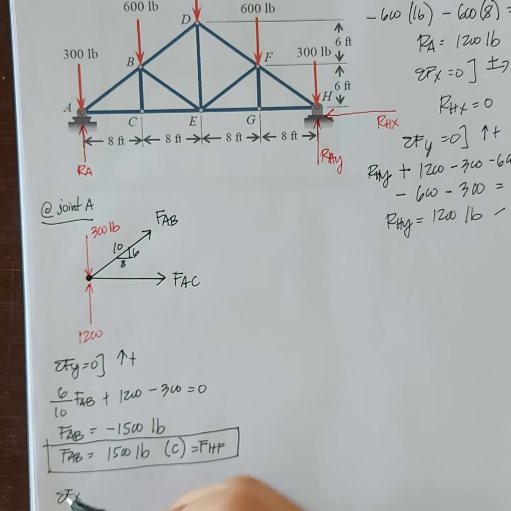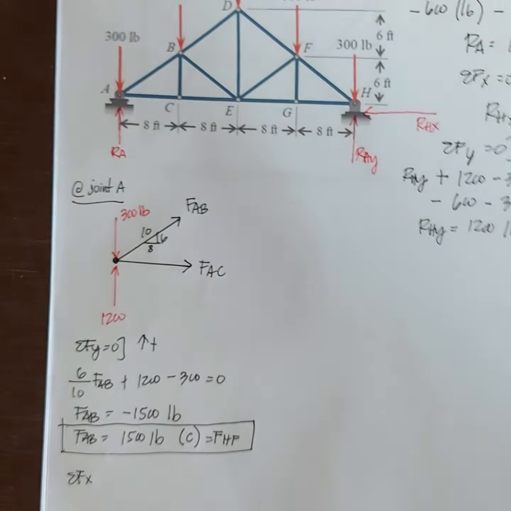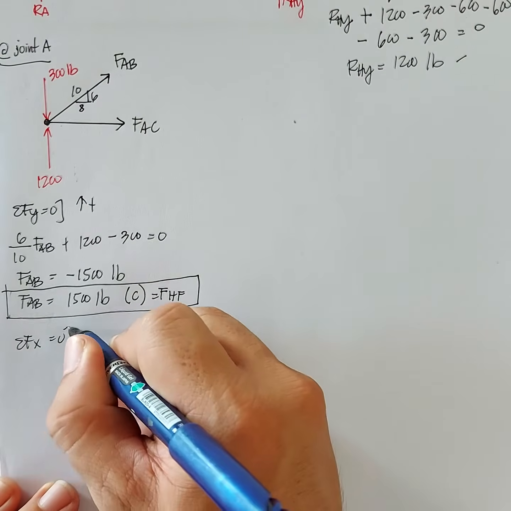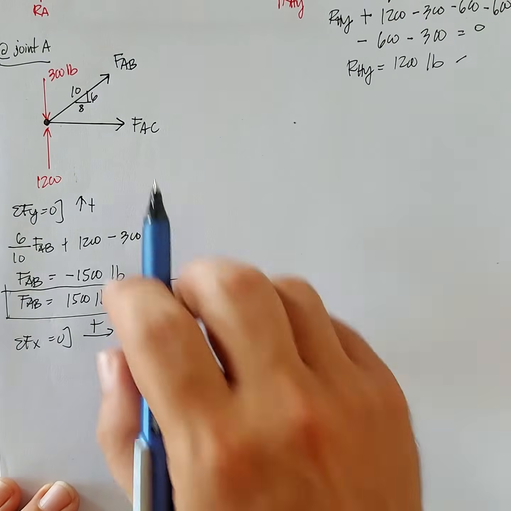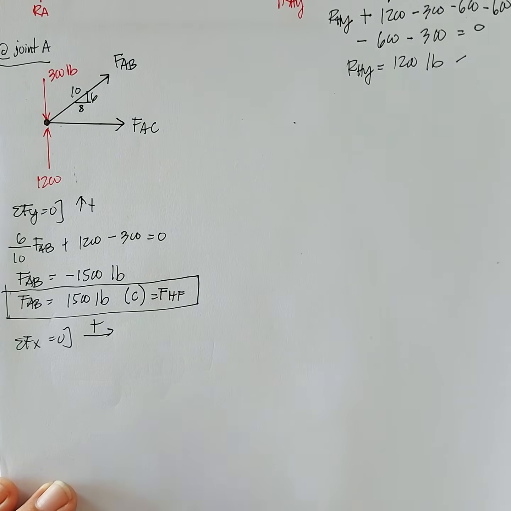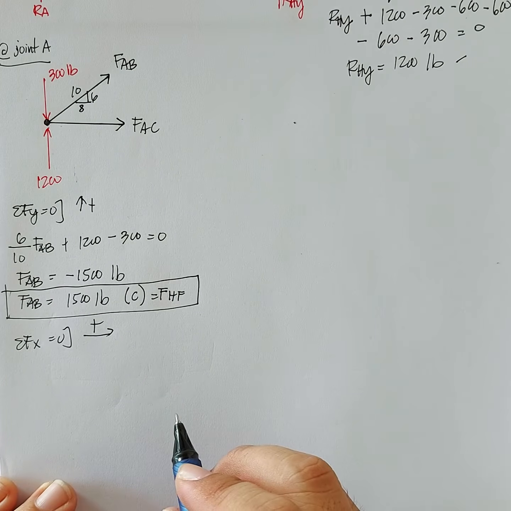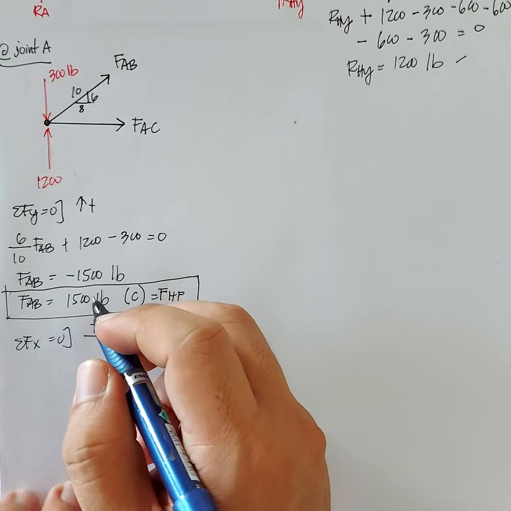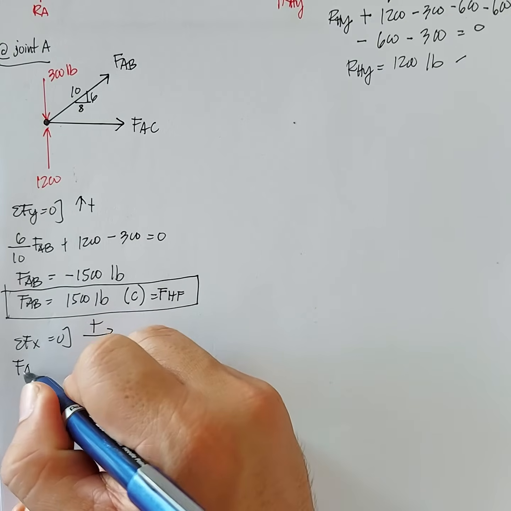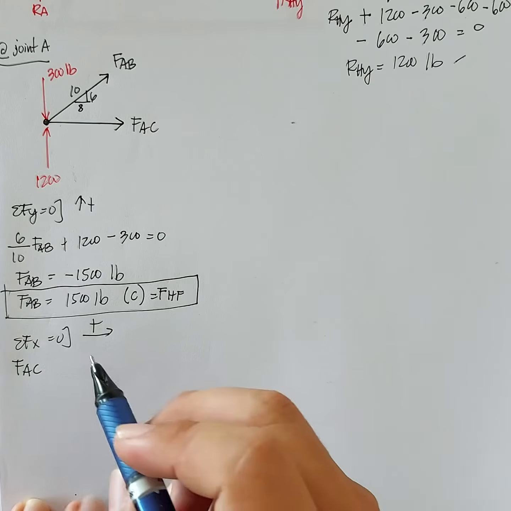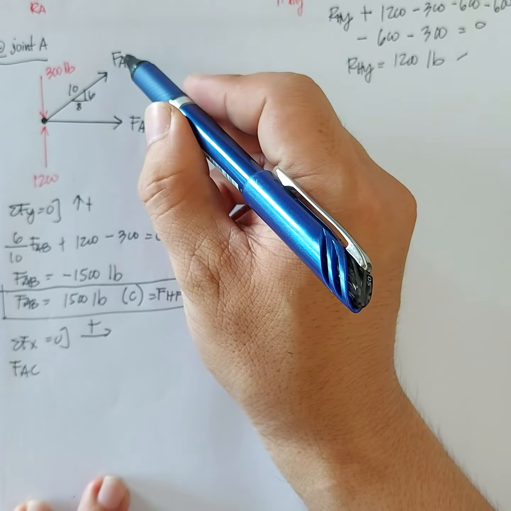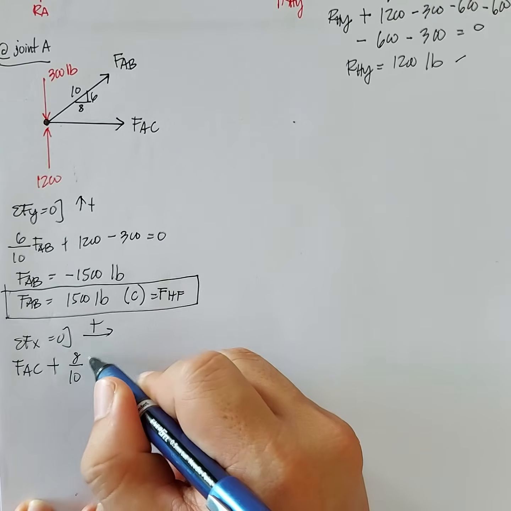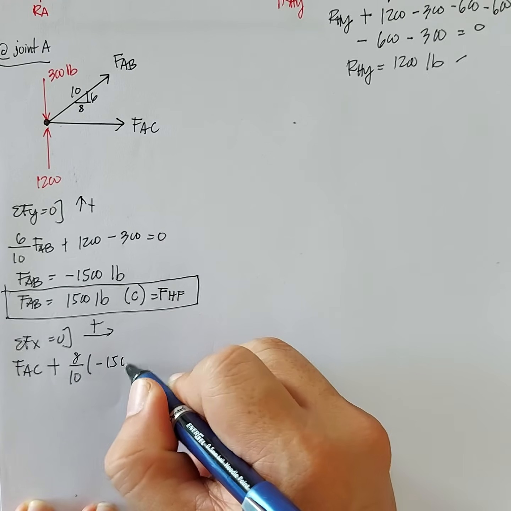So, summation of forces along X equals 0, forces to the right positive. We have FAC, which is directed to the right, that is our assumption, plus the horizontal component of FAB, so plus 8 over 10 of FAB, which is negative 1,500.